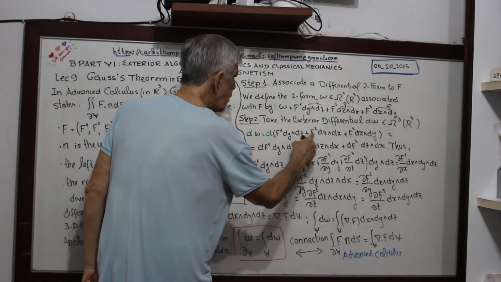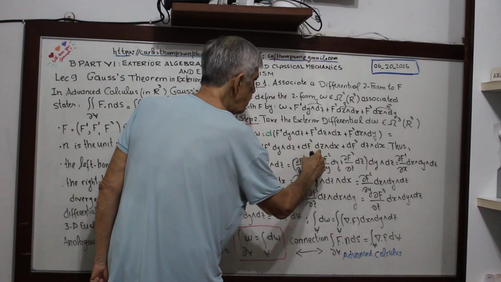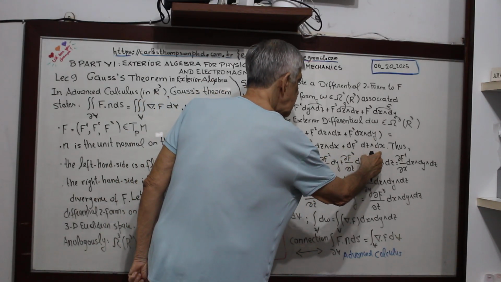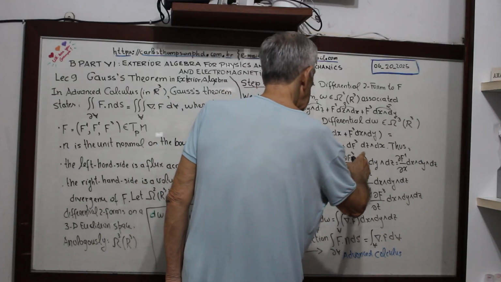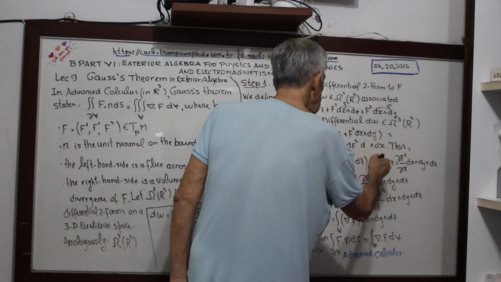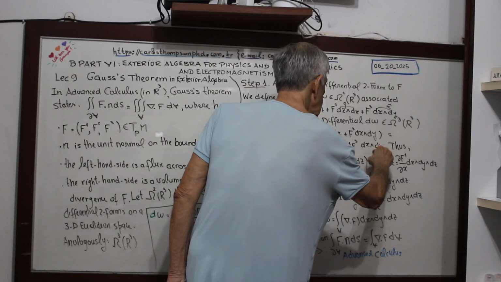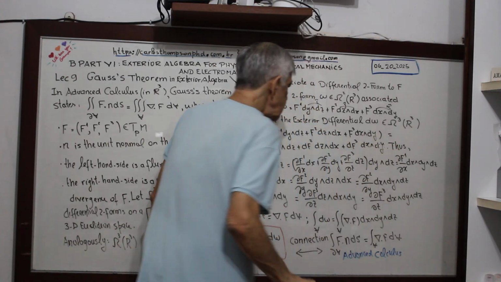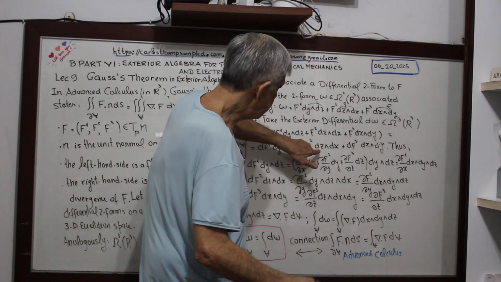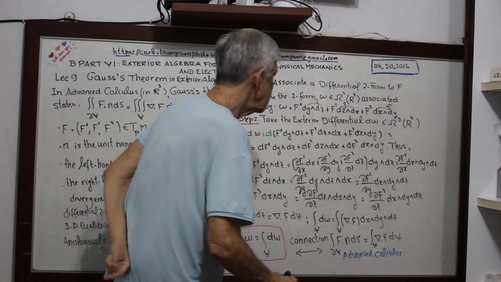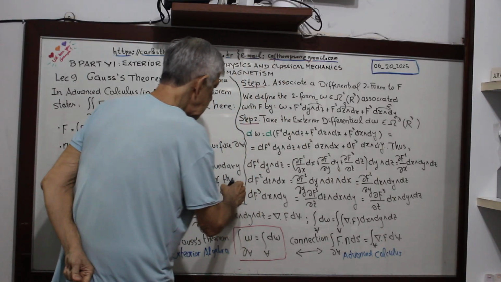Likewise, the differential of F2 gives dF2 dz dx, and dF3 dx dy. You just permute: after z comes x, after x comes y.